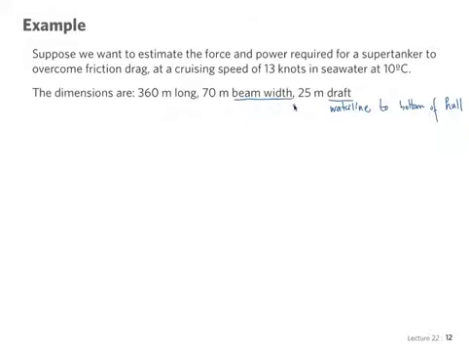So if we do a picture of how this would look like, this is supposed to be a very long ship. And we just make it rectangular, supertanker, and we have the water level somewhere.